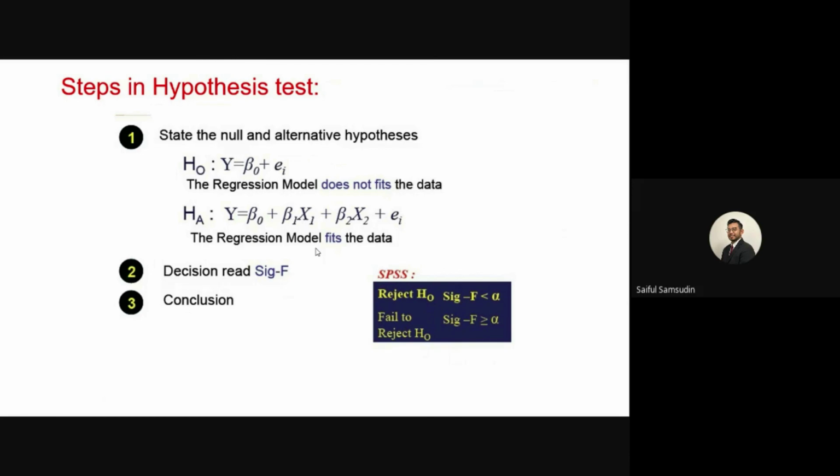So this is just the hypothesis testing, and we want to make sure it is appropriate to use the regression model. If, for example, R square is 0.000 something, then the significance F must be less than alpha, so the result will be that the regression model does not fit the data.